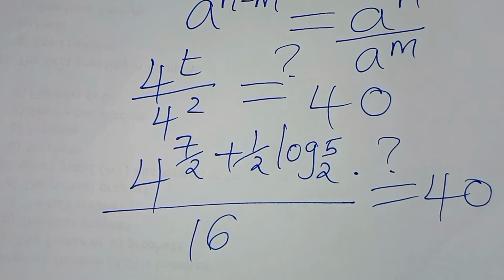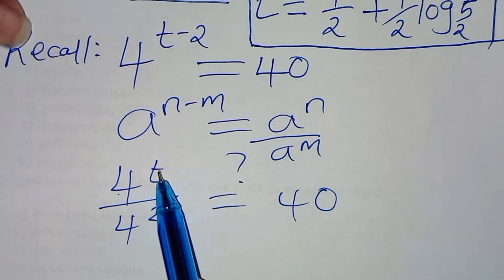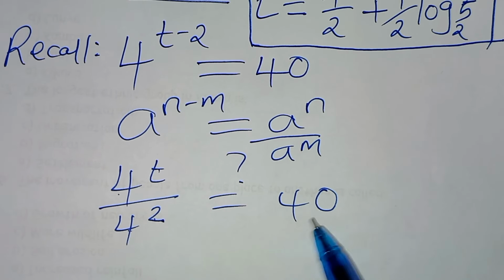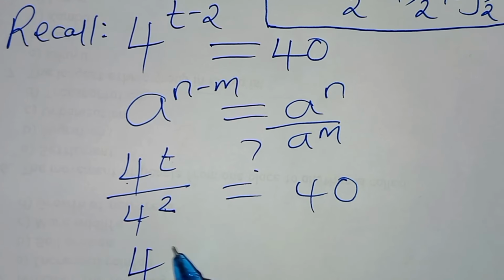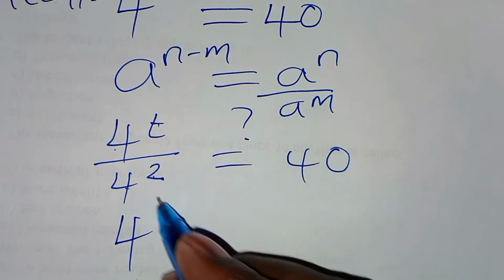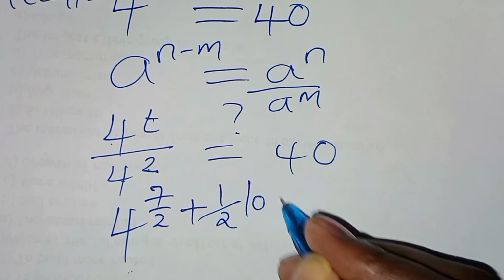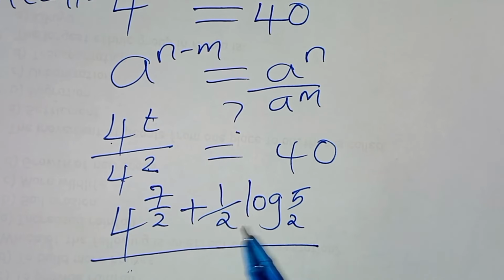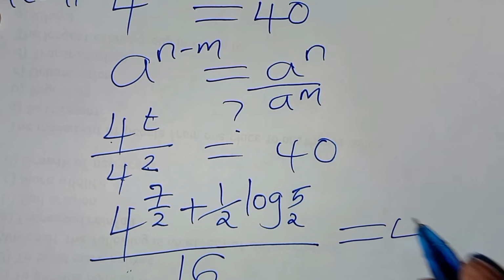So let's proceed from here. Here we have 4 to power t divided by 4 squared, which should give us a value of 40. Let's substitute the value of t here. So we'll have 4 to power 7 over 2 plus a half log 5 to base 2, all this divided by 4 squared, which is actually 16, and this should give us a value of 40.